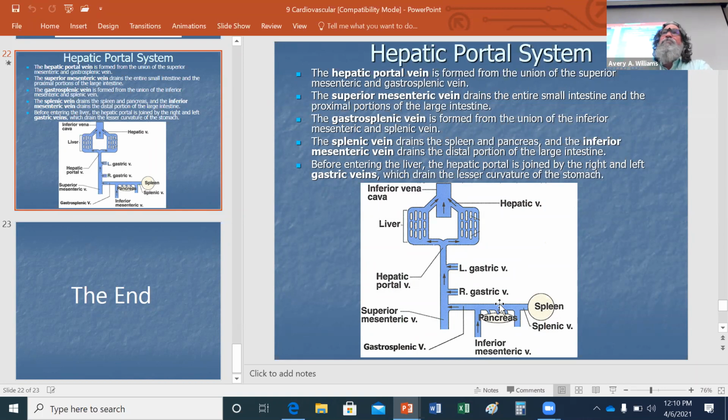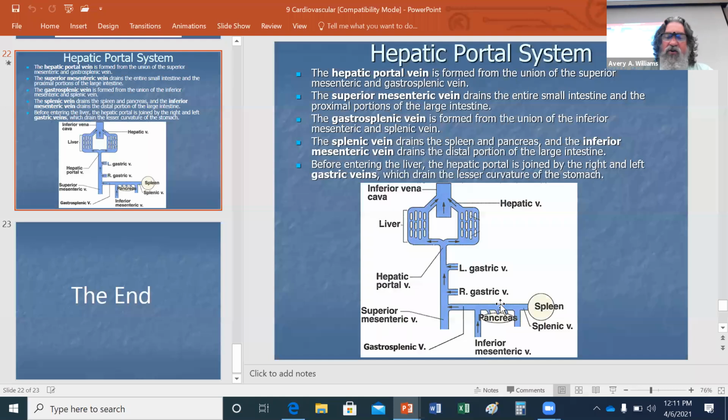Because remember, the celiac trunk was a trunk, and it split into three: a hepatic artery, a splenic artery, and a gastric artery, okay? And the celiac trunk was one of three unpaired branches of the abdominal aorta. The other two unpaired branches of the abdominal aorta were the superior mesenteric artery and inferior mesenteric artery.